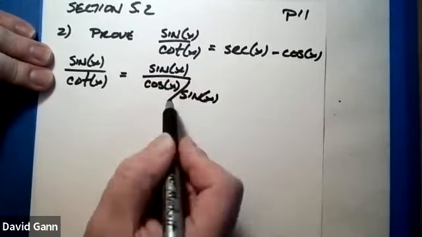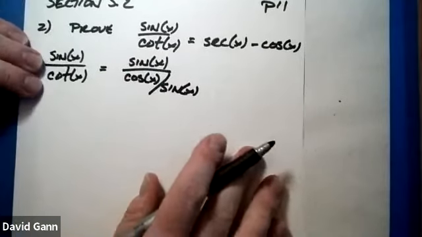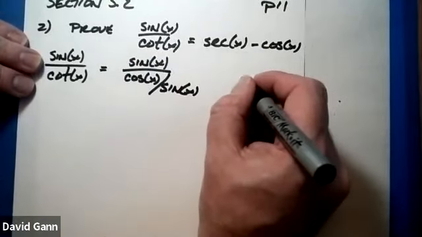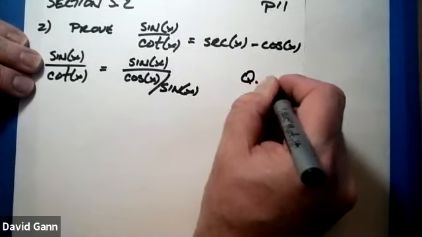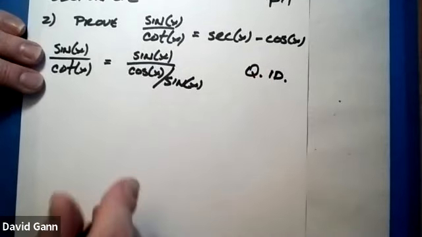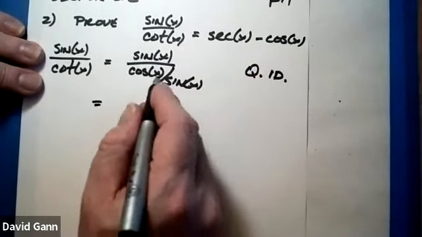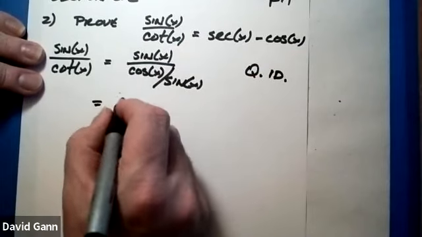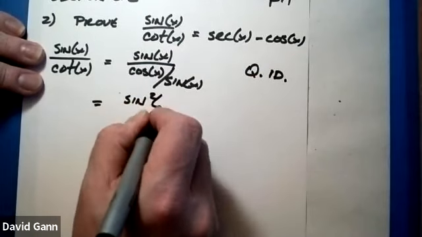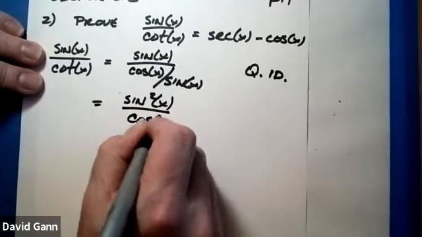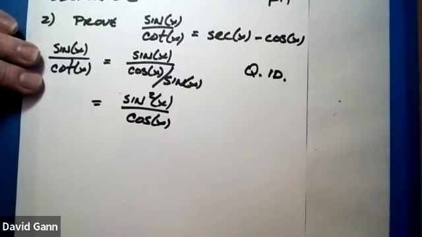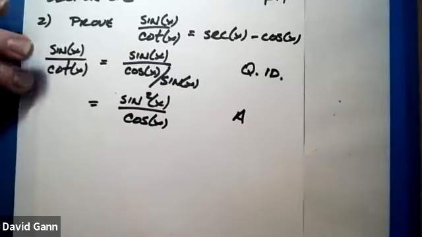Got to be careful with order of operations here. This is a quotient identity. Now from here, I'm going to simplify this complex fraction. We end up with sine squared of x over cosine of x. Hopefully this is starting to look familiar, but that's just an algebraic step.